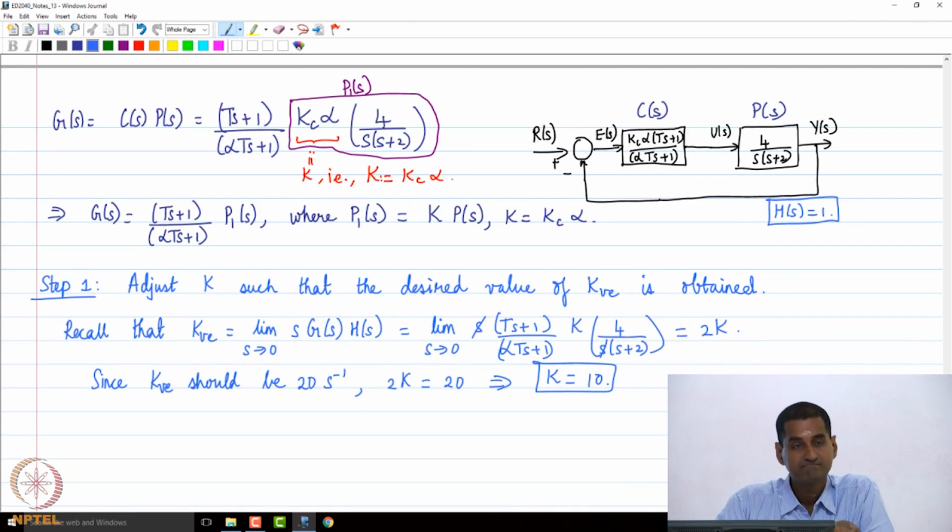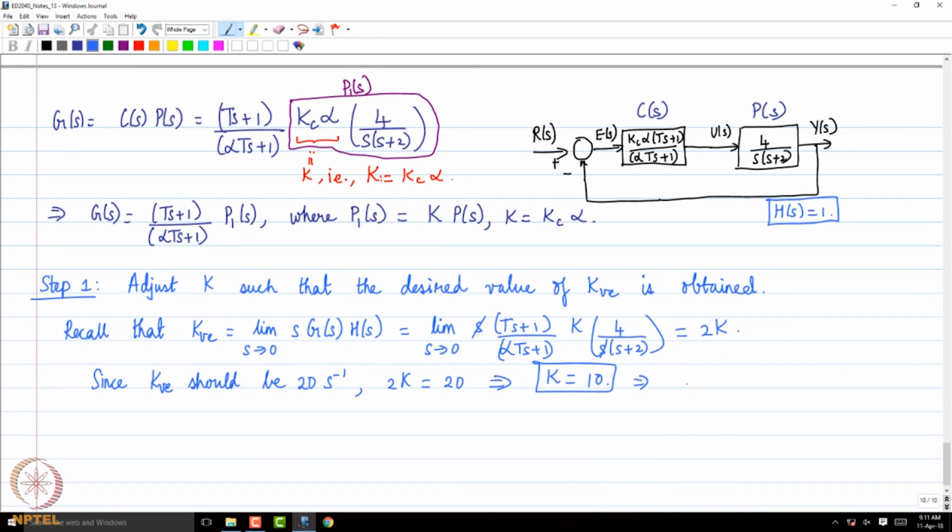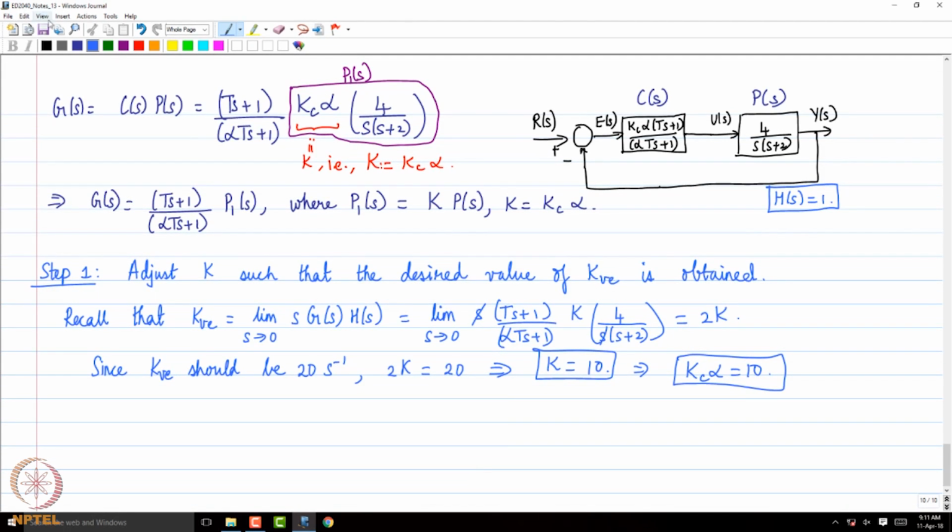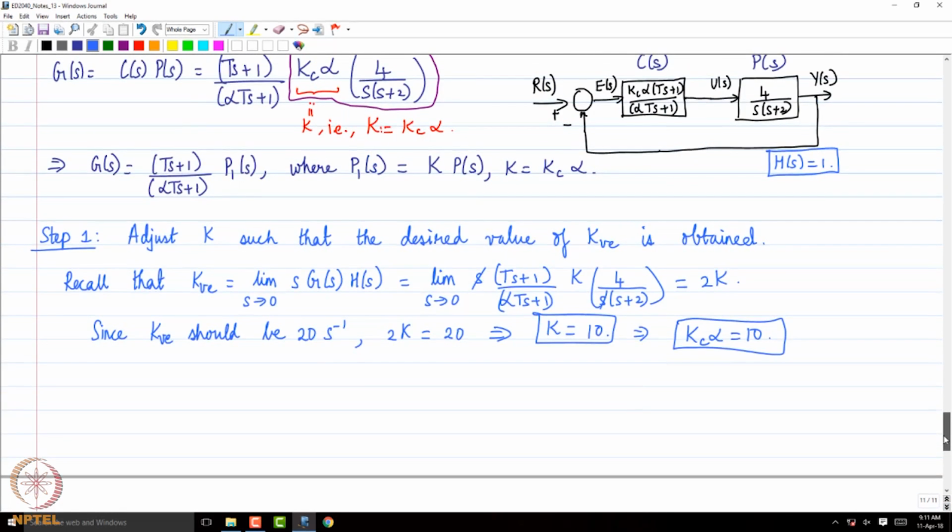So, the value of k should be 10. This implies that Kc alpha is nothing but 10. So, you see that we are using the required performance specification on KVE to get the value of k.